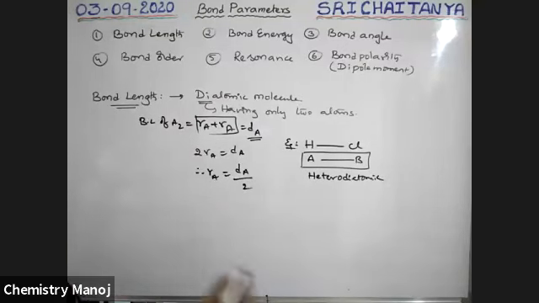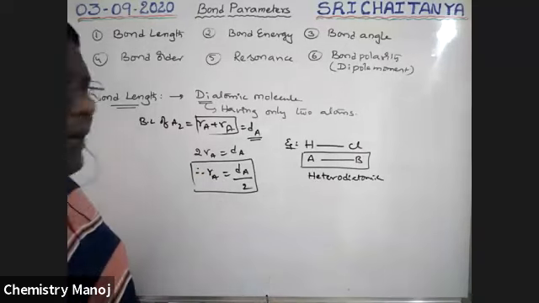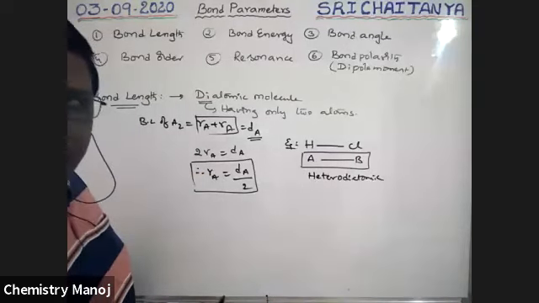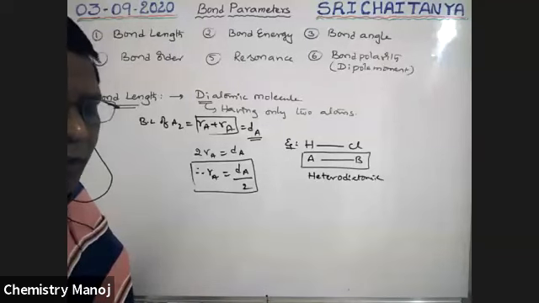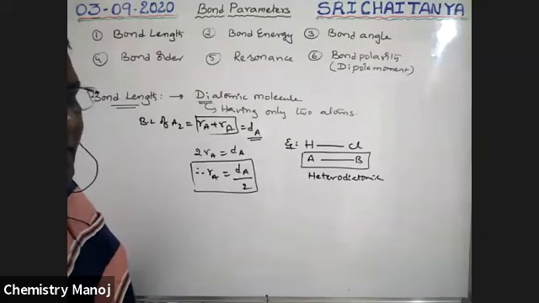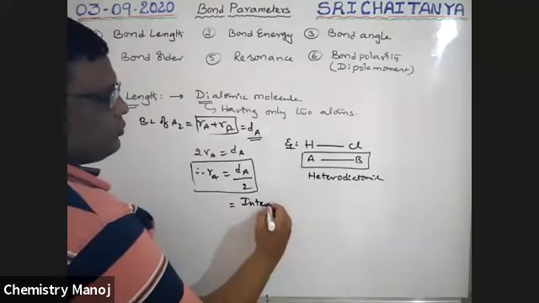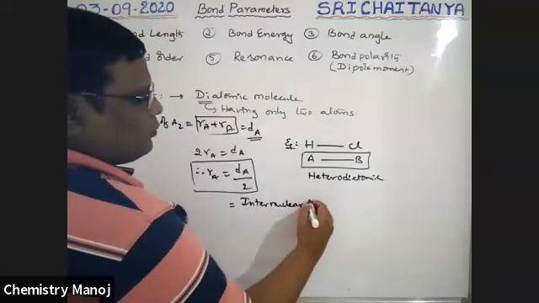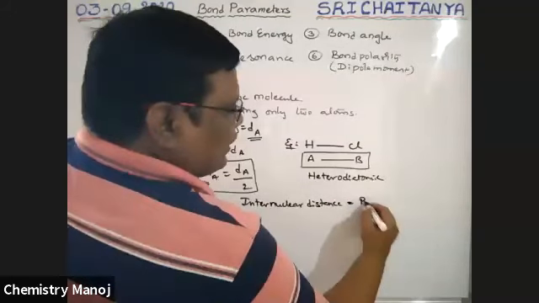So this is the radius calculation. Radius of first atom plus radius of second atom is called internuclear distance, which is nothing but bond length.